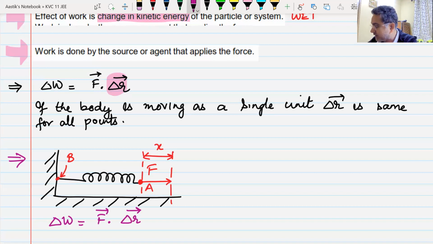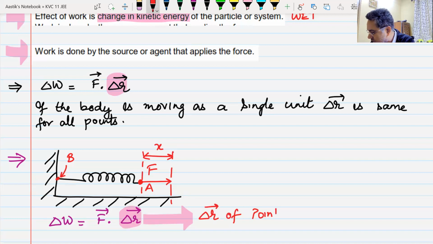This displacement is the displacement of which point? This displacement is the displacement of the point of application of force.